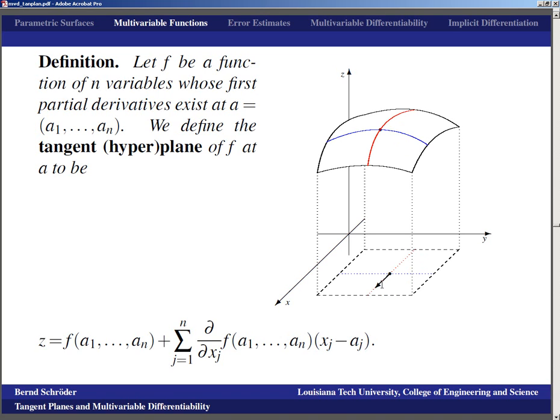If we then take the derivative in the x direction, we get a vector or a slope in the x direction, and that defines a direction for a tangent plane. If we take the derivative in the y direction, we get a slope that also defines a vector, which gives us a y direction. If we put these together, we get the geometric quantities that define a tangent plane.